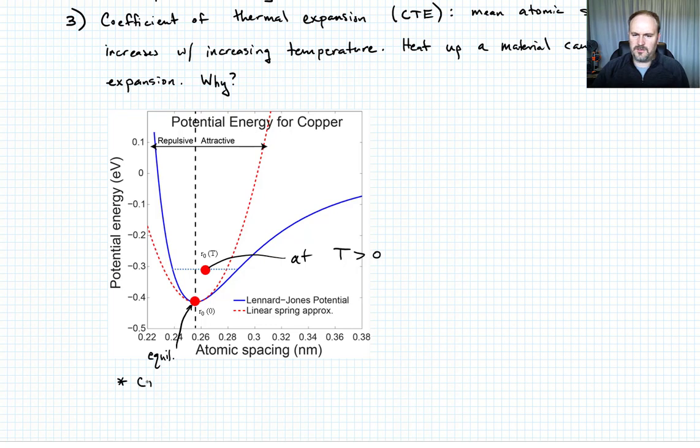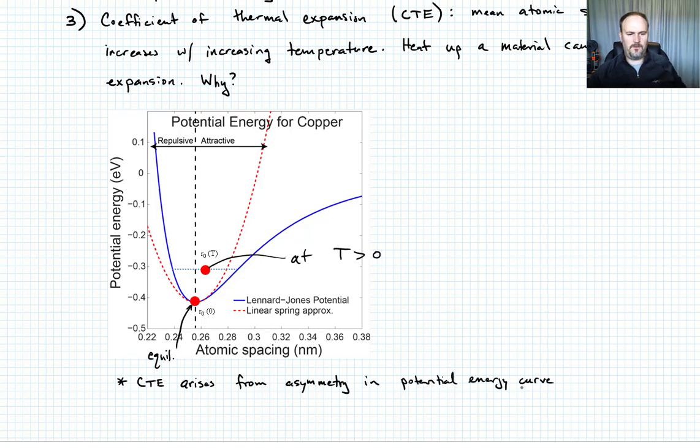So the coefficient of thermal expansion, CTE, arises from the asymmetry in the potential energy curve. What we mean is that at higher temperatures, the atom, remember the atom's always moving, spends on average more time at some larger value of R than R naught.